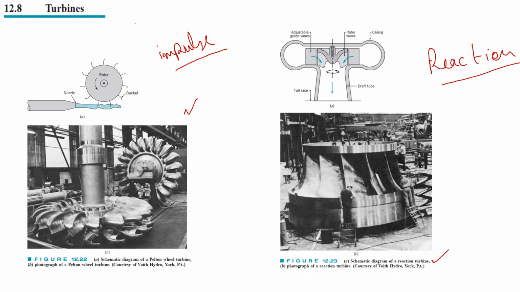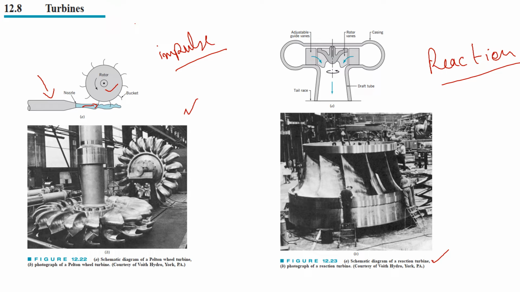The difference is that in the impulse turbine, the pressure drop occurs inside this nozzle, and as the pressure drops, the fluid velocity is increased. This accelerated fluid strikes the buckets on this rotor, and the rotor rotates, and then we utilize this rotation energy, which is also known as the torque of this rotor.